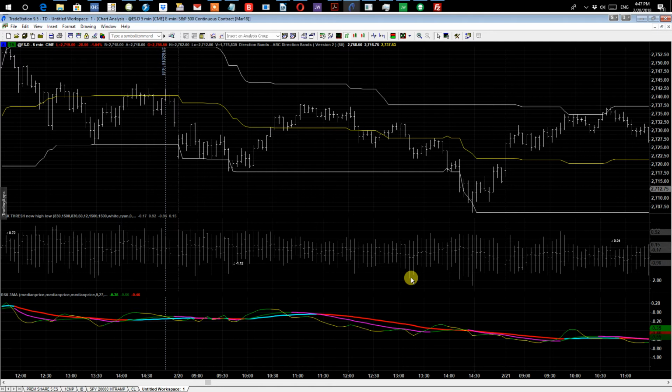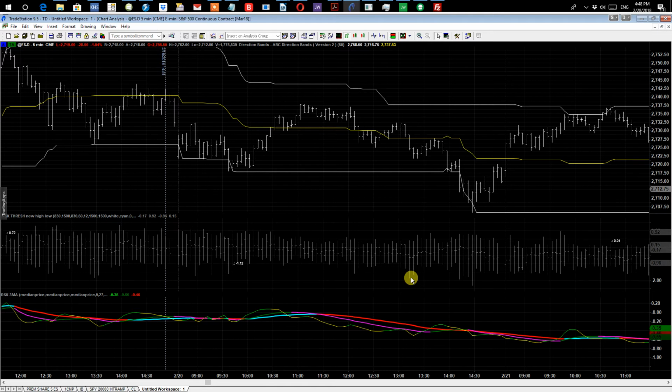And we're using just a 5-minute chart here. And as I've mentioned, we generally don't use a chart this slow, but it's good to learn off of, and you could trade the thing. You could trade it and still do pretty well.